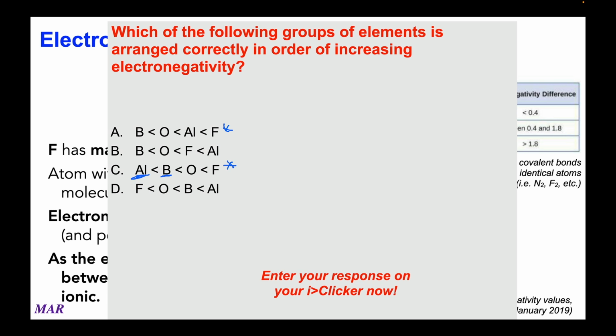And if you go right, you'll get to oxygen, which is second highest in electronegativity, by the way. And then finally, you'll get to fluorine, which is the king of the electronegativities. So the answer C here would be the right one. That would be the order of increasing electronegativity. And notice how we went up and to the right in order to figure that out on the periodic table. You don't have to have the values of electronegativities in front of you. You can just use the periodic table, and it works pretty well.